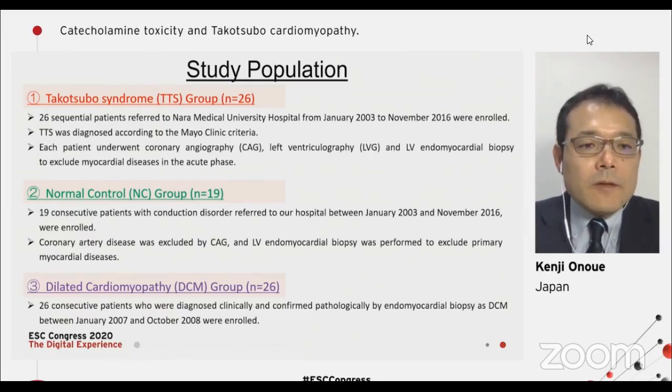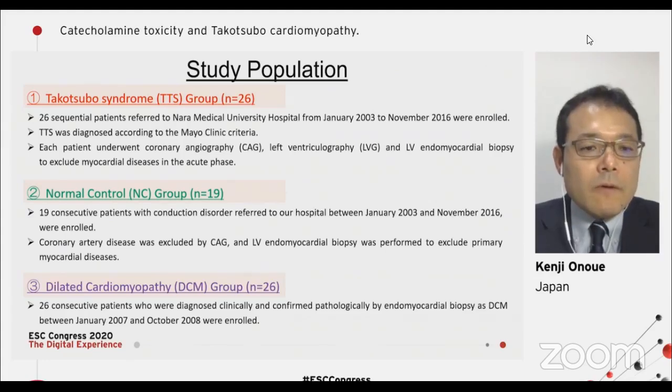We recruited 26 sequential patients referred to our hospital, and TTS was diagnosed according to the Mayo Clinic criteria. Each patient underwent coronary angiography, left ventriculography, and LV endomyocardial biopsy to exclude myocardial diseases in the acute phase.